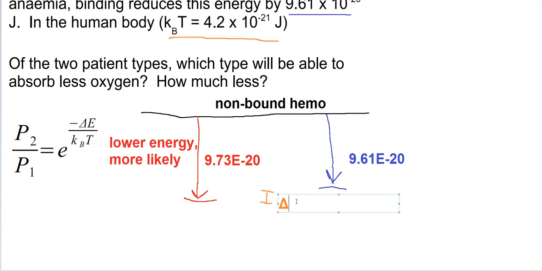Now, when you're dealing with these delta E's, they're always energy 2 minus energy 1. So basically, what we're going to want to do to make delta E positive is we're going to want to call this blue one here state number 2, and this red one here state number 1. This energy, even though the number is smaller, is closer to our original point and therefore has a higher energy.